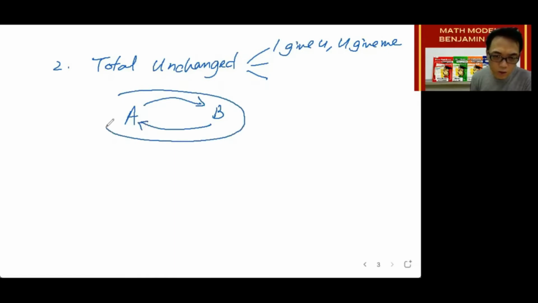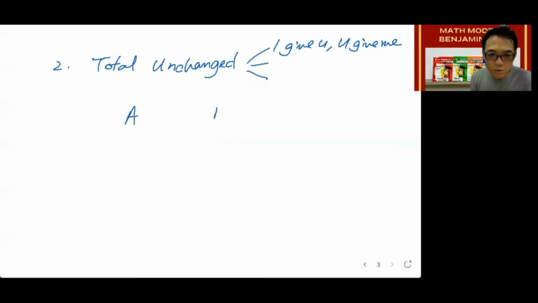Because it is still within this circle or this oval, then the total amount stays the same. So typically a question like this will be A loses 50 to B, B then loses 20 to A, and so on. This will be I give you, you give me.